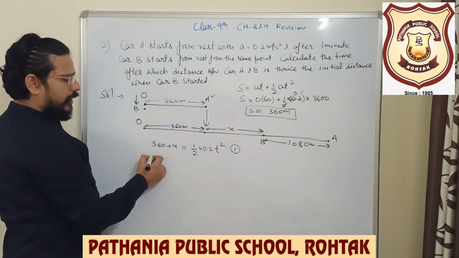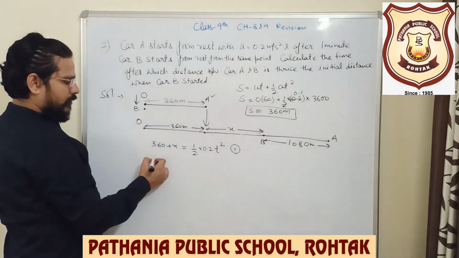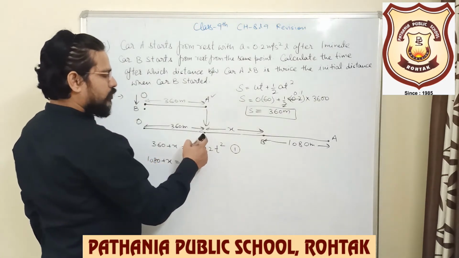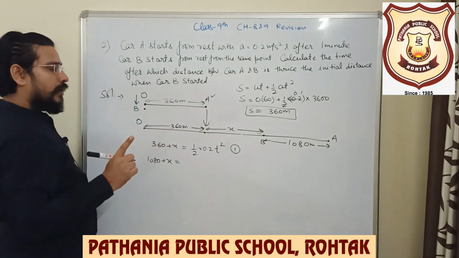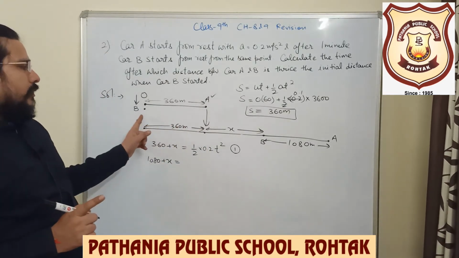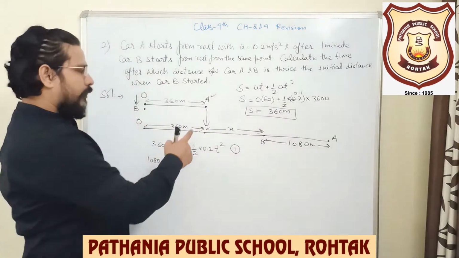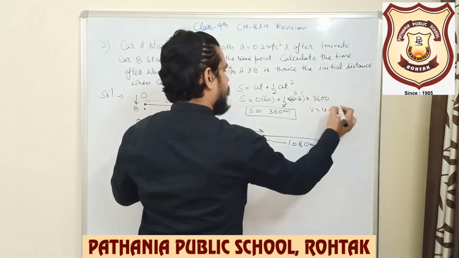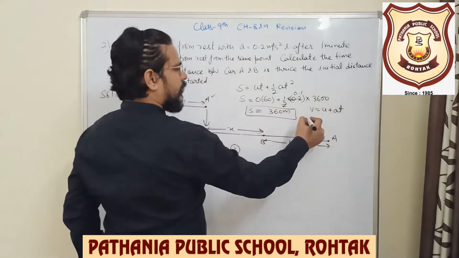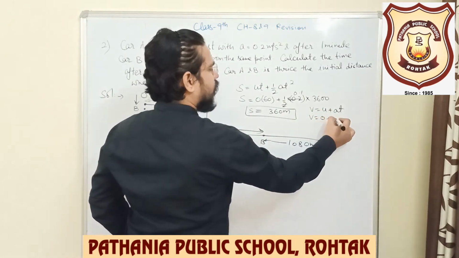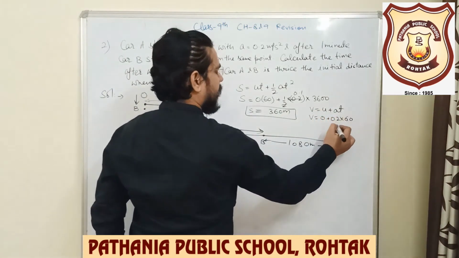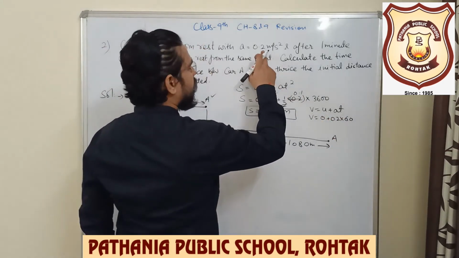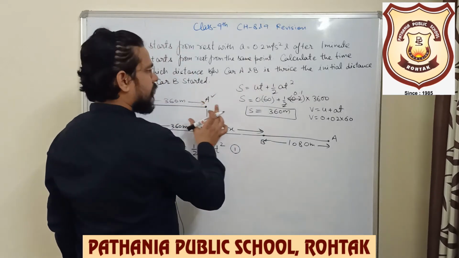When I apply the same equation for car A, the distance covered by car A is going to be 1080 plus x, and the initial velocity of car A at this point is not 0 anymore because car A already moved for 1 minute. I can find the initial velocity of car A by the relation v is equal to u plus at. So the velocity of car A after 1 minute is 0 plus 0.2 into 60, because acceleration is 0.2 meter per second square and time is 60 seconds.